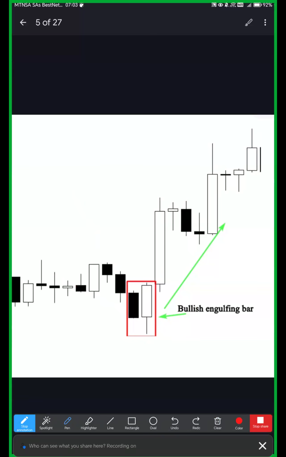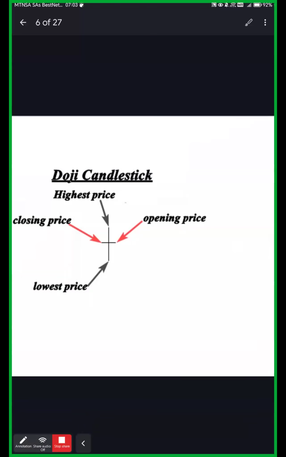All right, so let's come here and look at another family of market reversal signal. If you do not find engulfing bars, whether they are bullish or bearish, you might find another candlestick chart pattern called a doji candlestick.